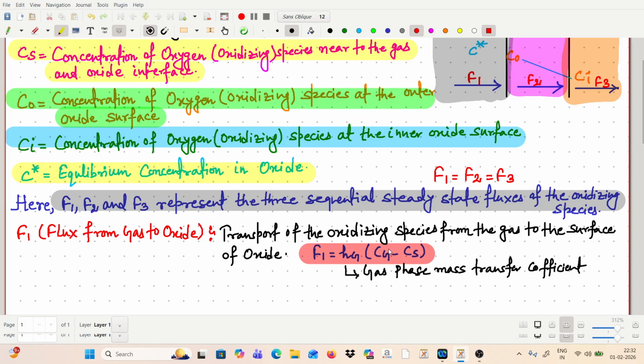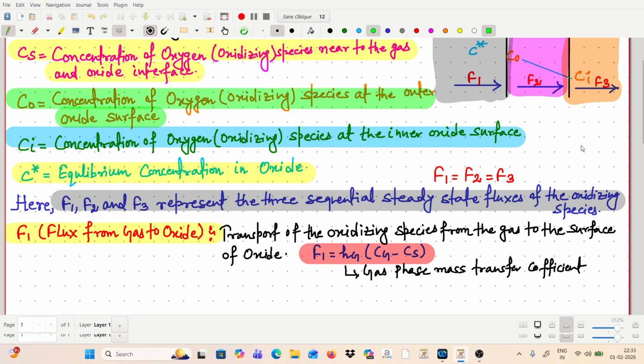Cg is the concentration of the oxidizing species in the gas, minus the concentration of the oxidizing species at the surface of the oxide interface, gas and surface of the oxide interface, and Hg is the proportionality constant, that is our gas phase mass transfer coefficient. Okay, so this one is the F1 flux.